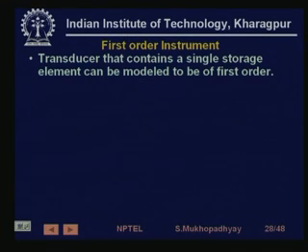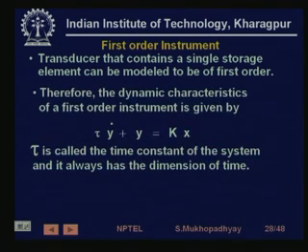But typically first order instruments are transducers that contain a single storage element and can be modeled as first order. So for such cases, the output value actually obeys some kind of a differential equation of this type, where tau is called the time constant of the system. So if tau is larger, then the system rises slowly, while if tau is short, then the system is fast.